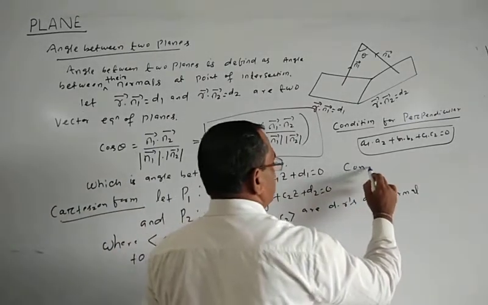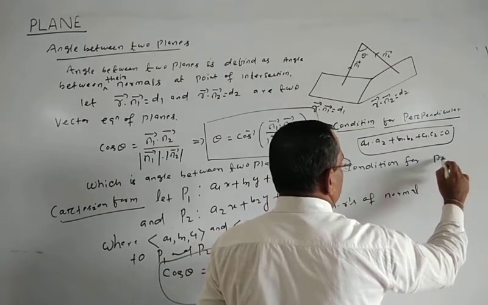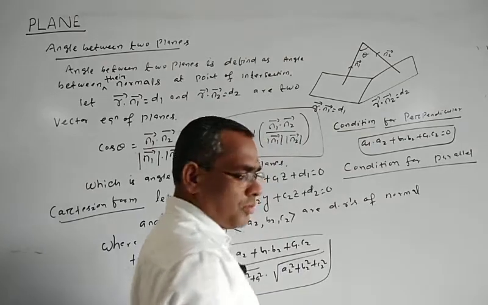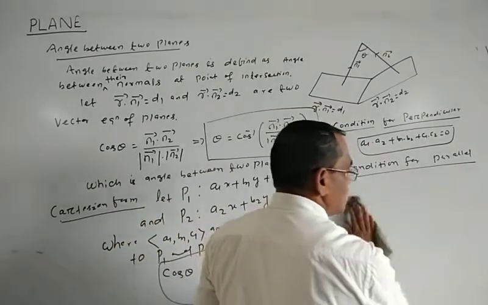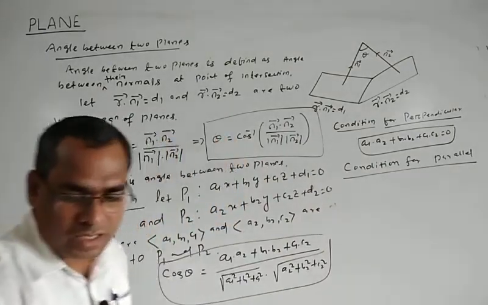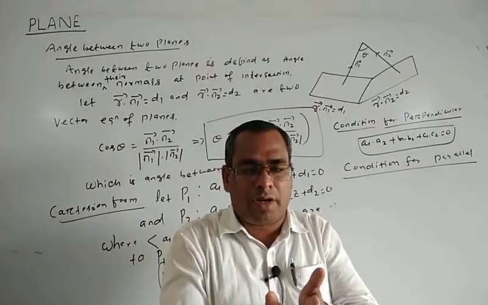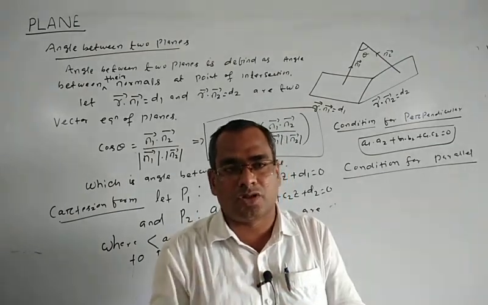Condition for parallel. If two planes are parallel, then the normals must also be parallel.